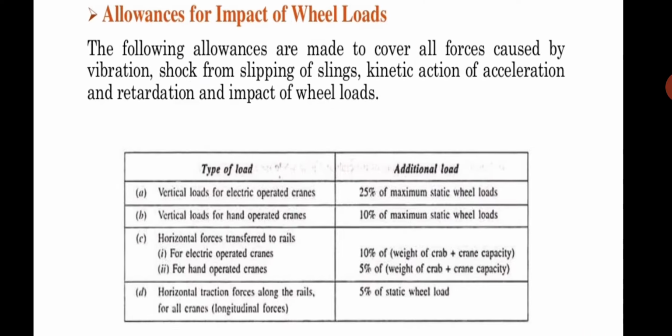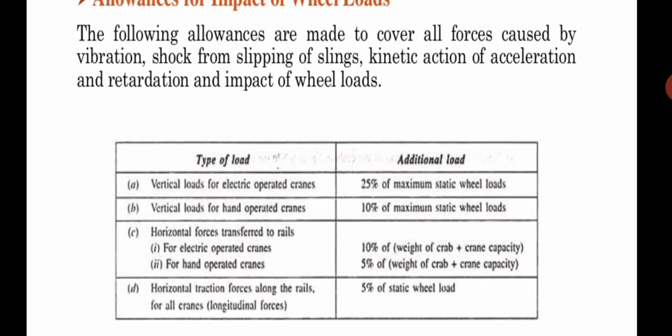First, you can see in the table, for wheel load of an electric operated crane, there is an additional load of 25% of the maximum static wheel load. Vertical load on a hand operated crane is 10% of the maximum static wheel load.